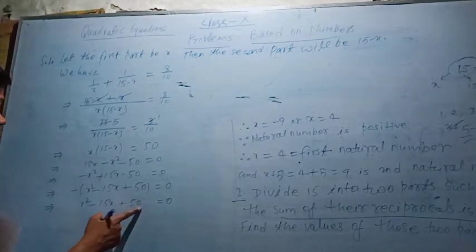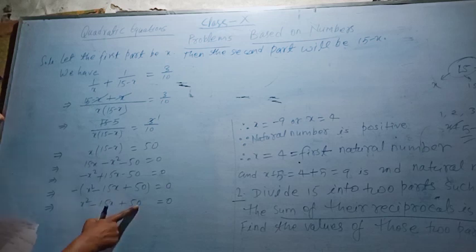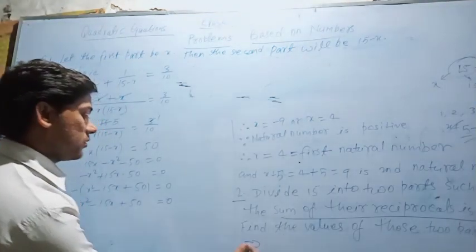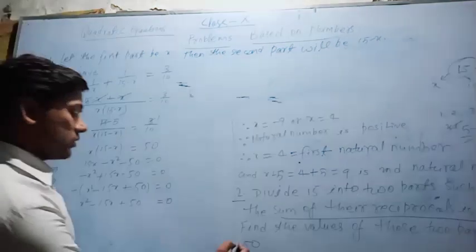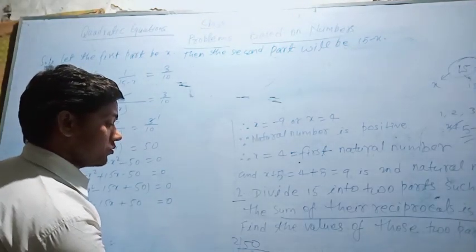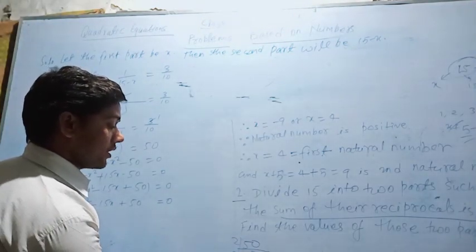Now first into last, the product will be 50. Now factorize it: 2 25s are 50, 5 5s are 25.